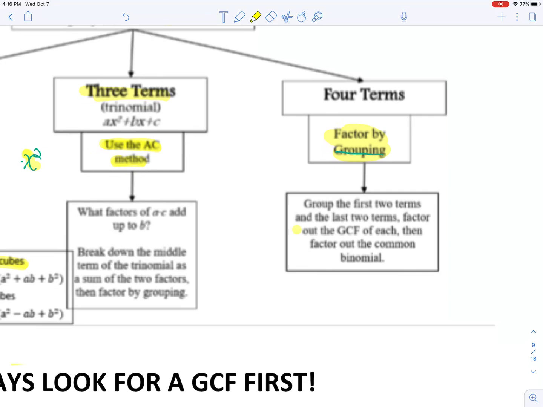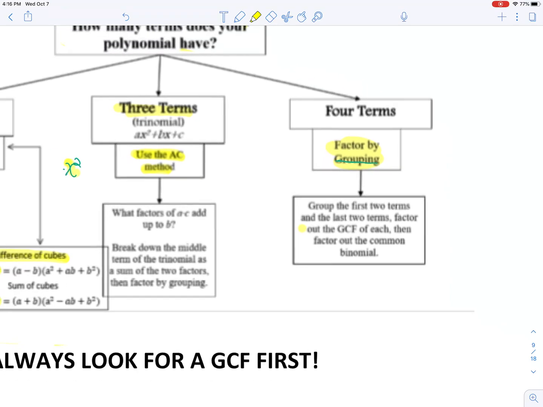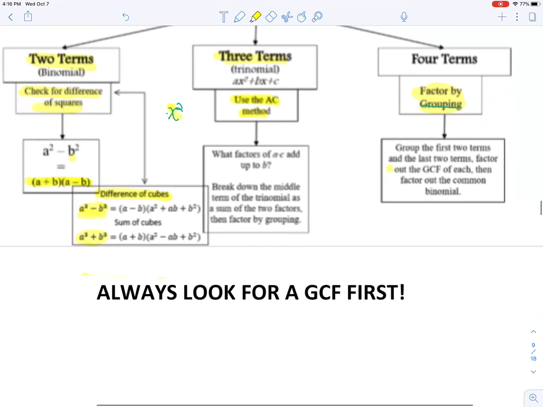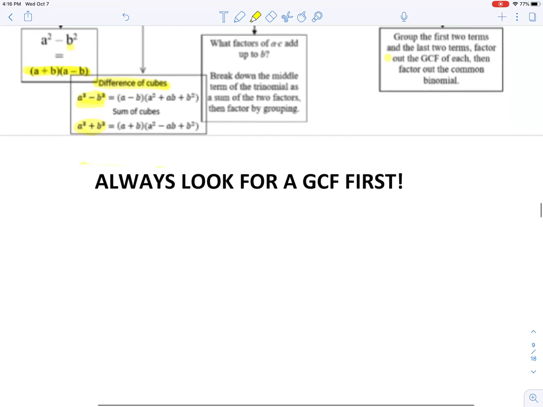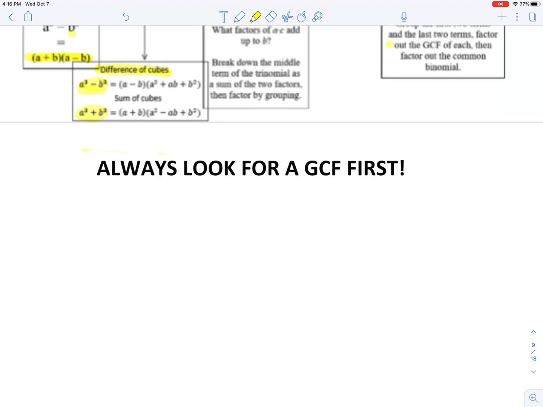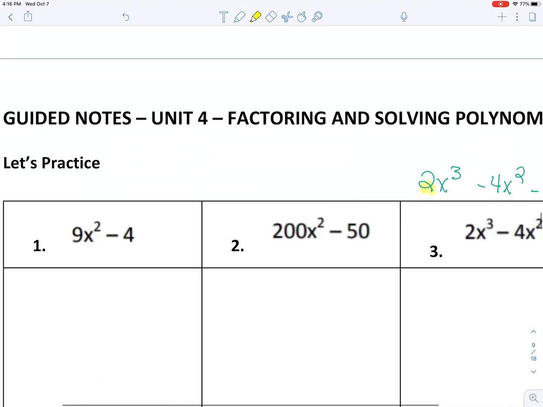We group the first 2 terms, group the last 2 terms, and then factor out a GCF, which we've already done. So let's get started, but remember, guys, we always want to start by asking, is there a GCF? That's always our first strategy when we're factoring.